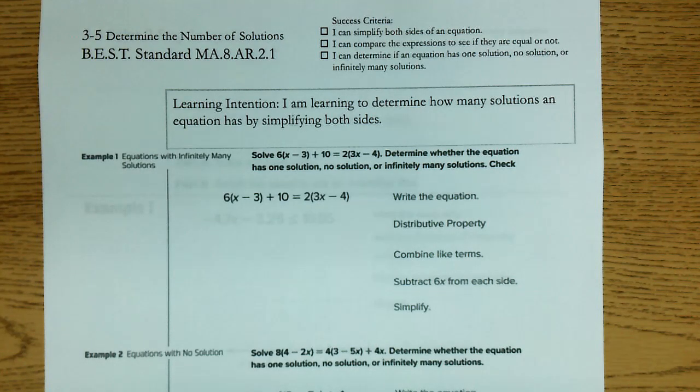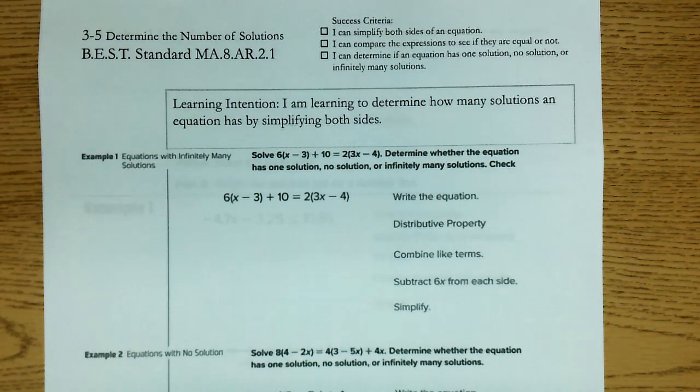So our goal for their learning intention, I am learning to determine how many solutions an equation has by simplifying both sides. We're not even really solving for x. We are just simplifying each side. Hopefully by the end of this class, you can simplify both sides of the equation. That's what we've been working on for a while now.